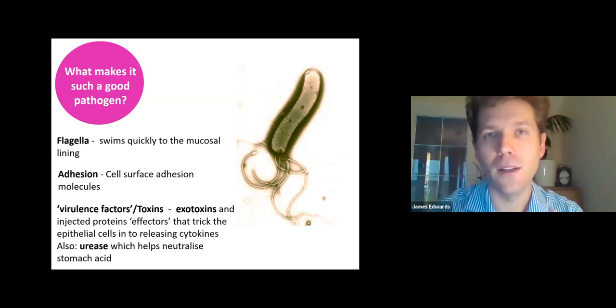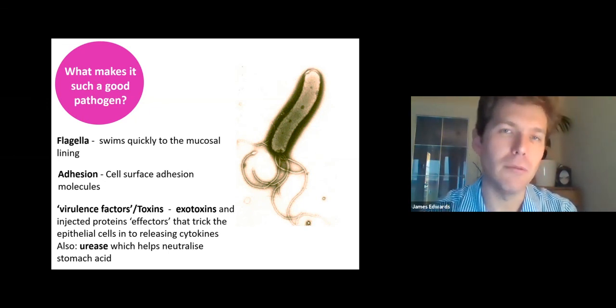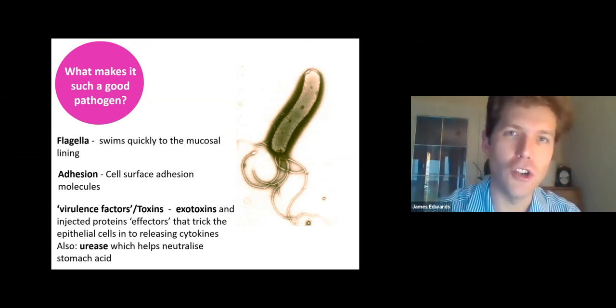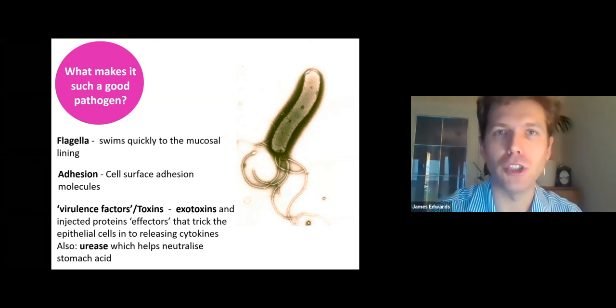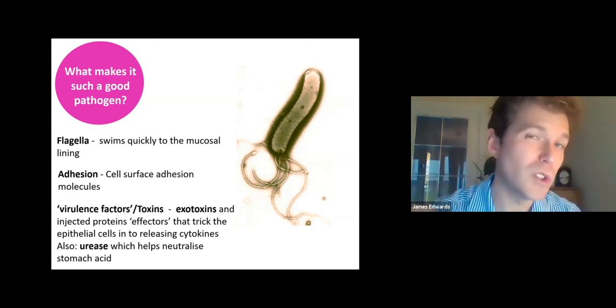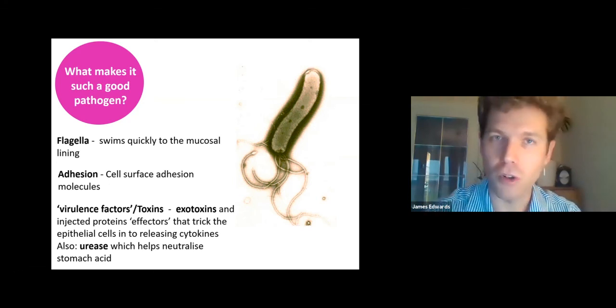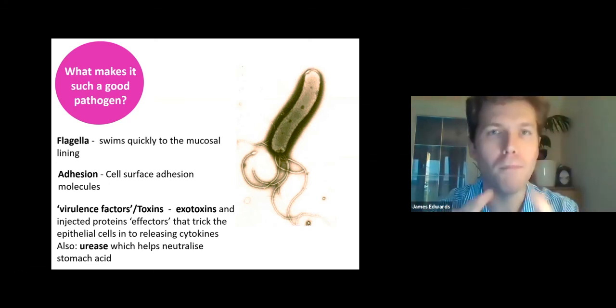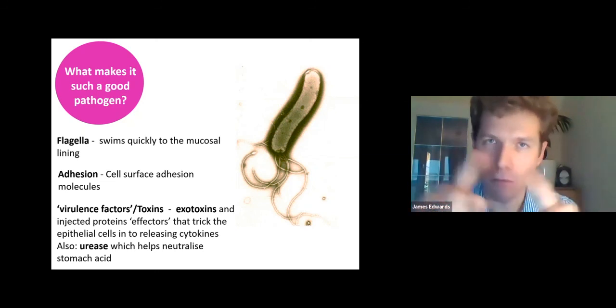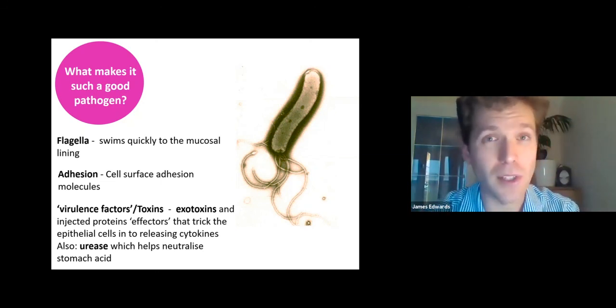And lastly, another feature which is also important diagnostically is that it produces an enzyme called urease. The urease helps to neutralize the stomach acid by producing ammonia, and it also produces carbon dioxide in doing so. The ammonia neutralizes the stomach acid. It forms a small bubble around the bacteria, which is relatively neutral, which again allows it to survive.